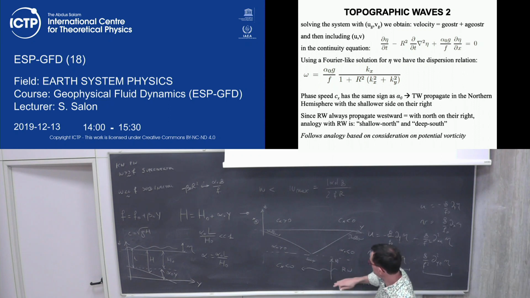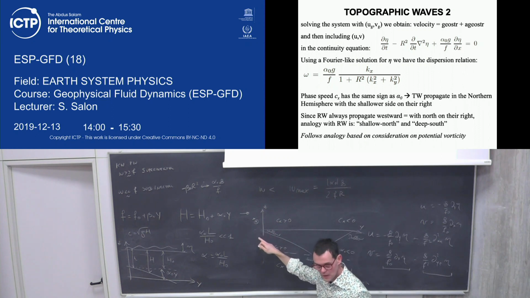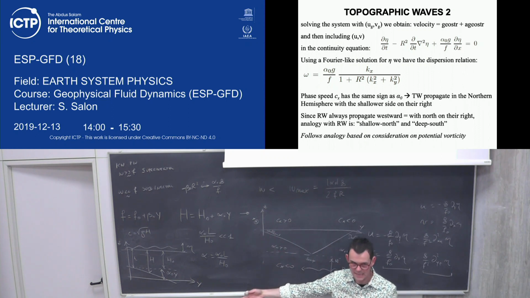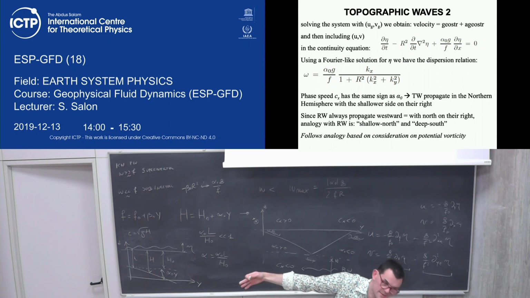So the analogy is Rossby waves propagate with north on their right side and south on their left side, while the topographic waves propagate with the shallow side on their right side and the deep side on their left side.